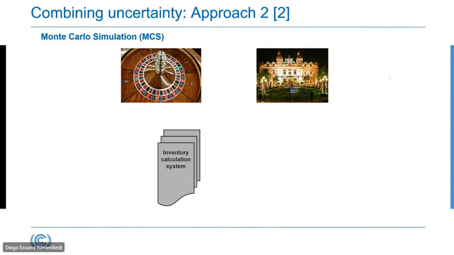Then you may reach another colleague and ask to recalculate the GHG inventory. This third colleague does it and arrives at another estimation of the GHG inventory.